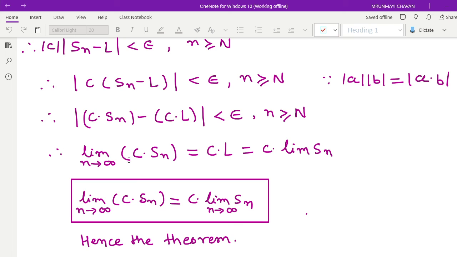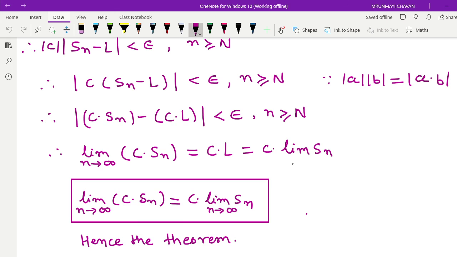Therefore, for given epsilon we have shown that mod C into Sn minus C into L is less than epsilon. That means by definition of limit we have shown that the limit of C into Sn is equal to C into L, where L is the limit of Sn as n tends to infinity.